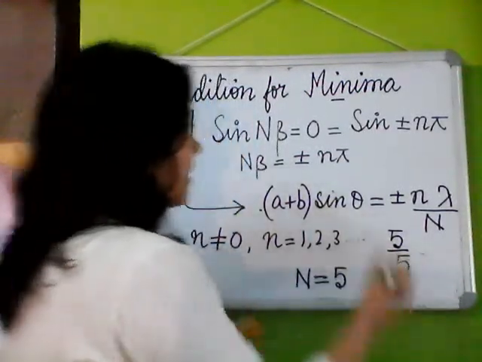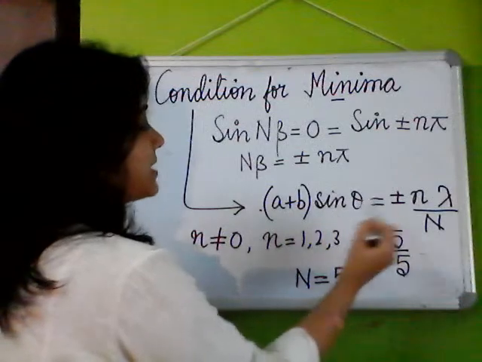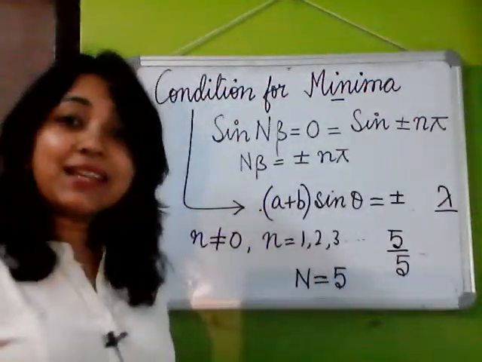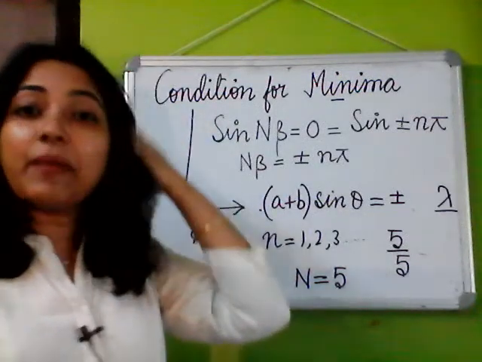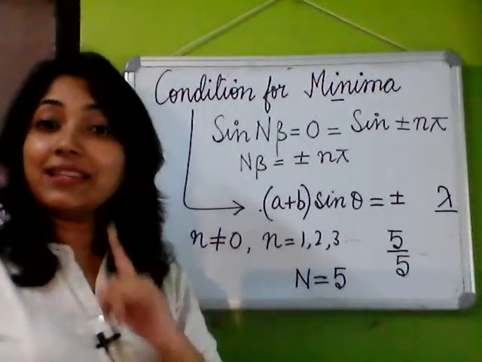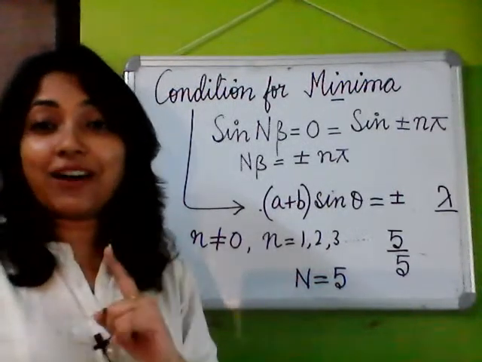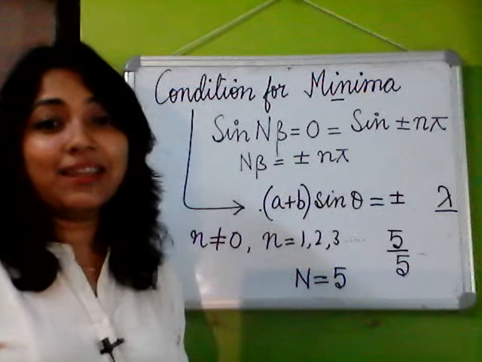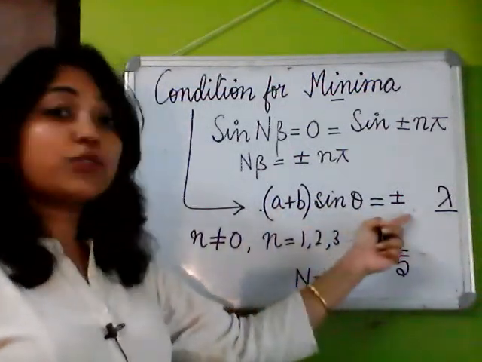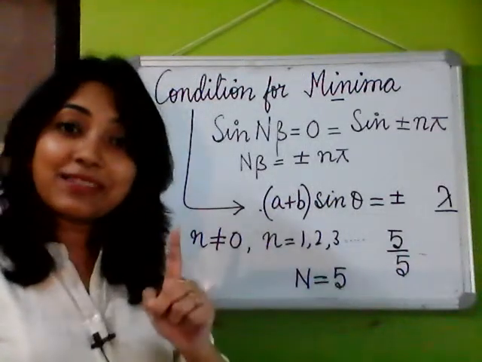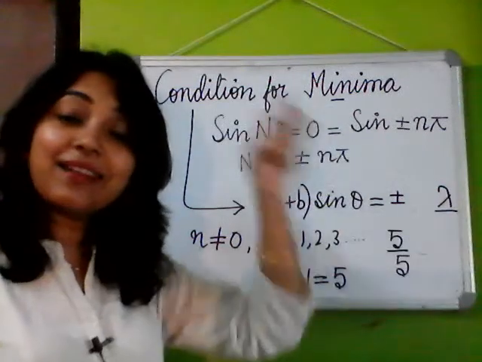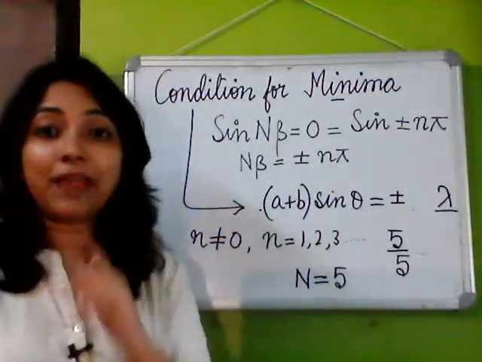What will I get? My condition will become a plus b sine theta is equal to plus minus lambda. Once again, remember, a plus b sine theta equal to plus minus lambda is the condition for the first order primary maxima, isn't it? A plus b sine theta equal to 0 is the condition for central maxima. A plus b sine theta equal to plus minus lambda is the condition for first order primary maxima.